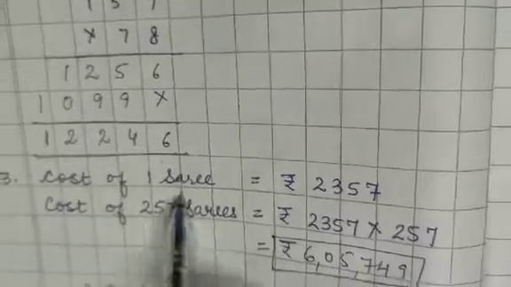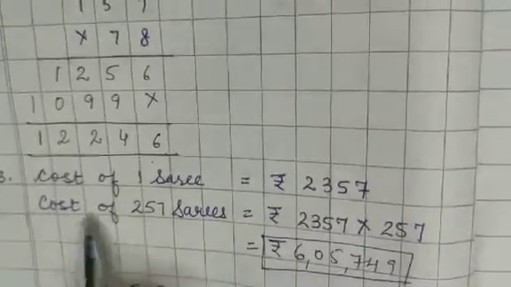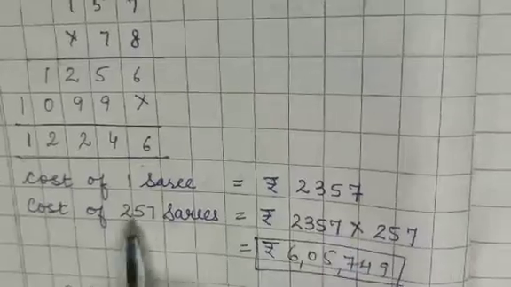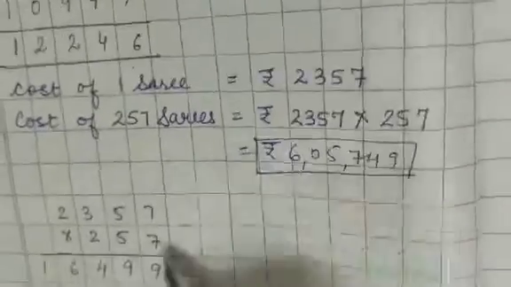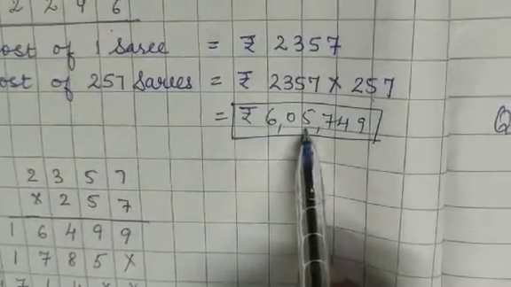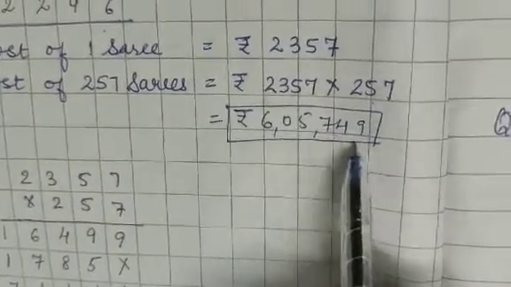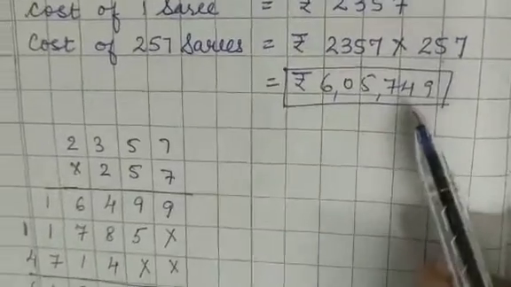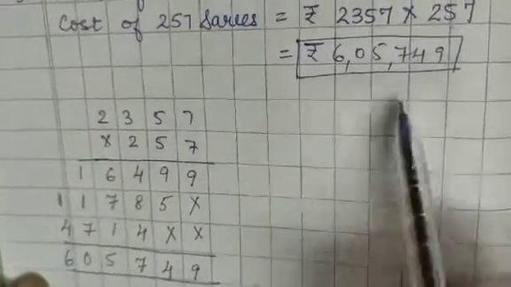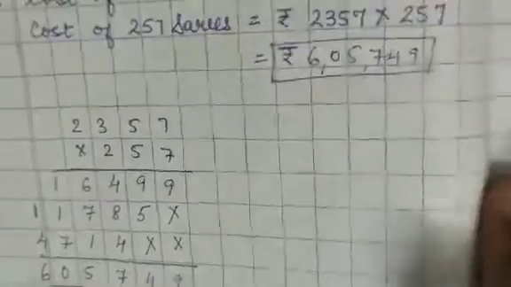So the cost of one sari is this, and for the cost of 257 saris, we multiply the cost of one sari by 257. When you multiply, okay, you will get the answer 6,05,749. So this is your question number 3. Okay, when you multiply here, this answer you will get.